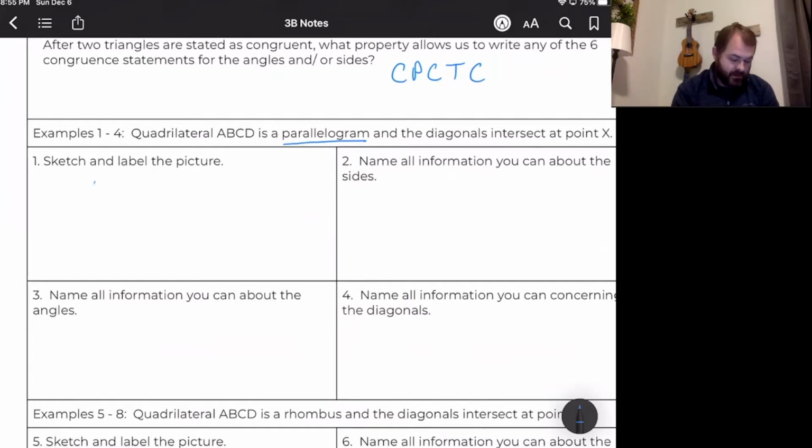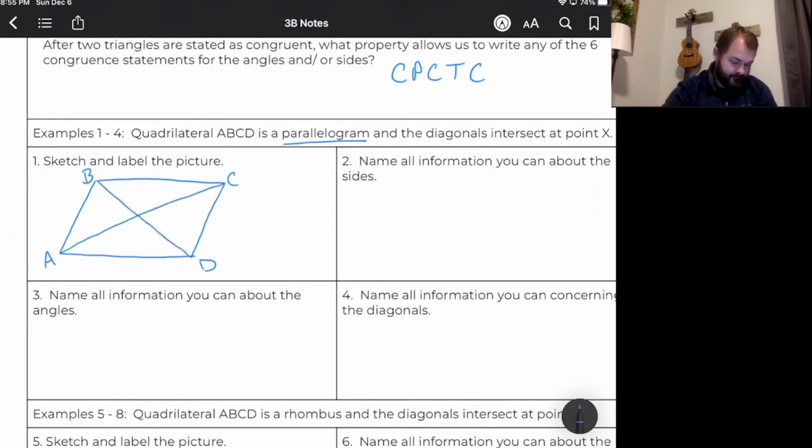We're going to draw a parallelogram. It doesn't have to be perfect. We're going to label the 4 corners A, B, C, and D. And it says the diagonals intersect at point X, so I'm going to draw the diagonals in, and they intersect at point X.